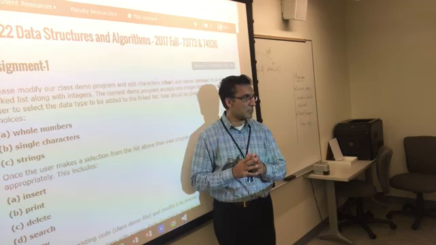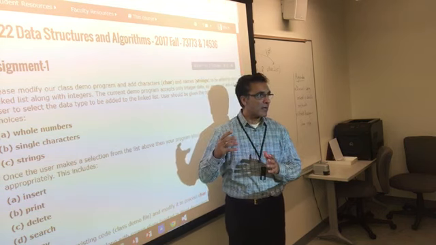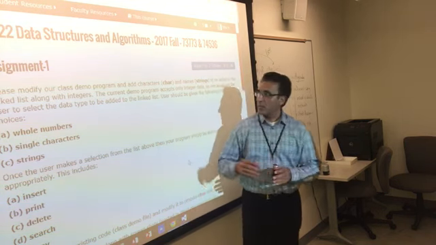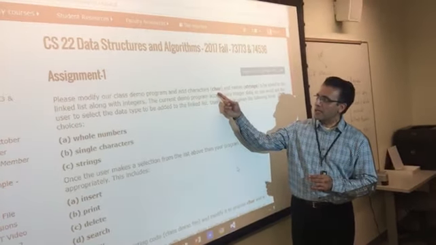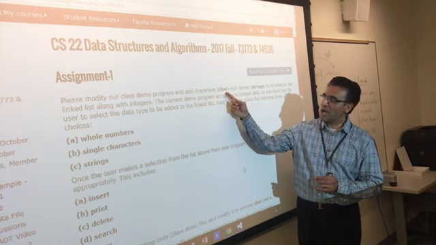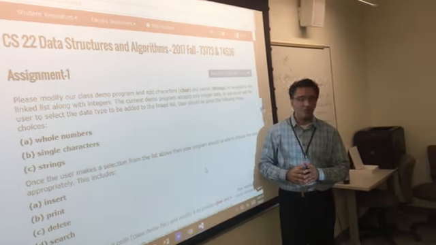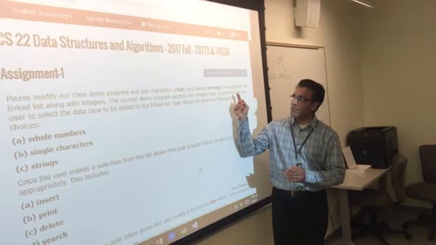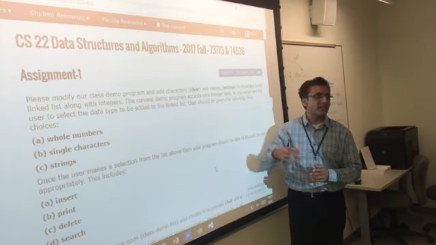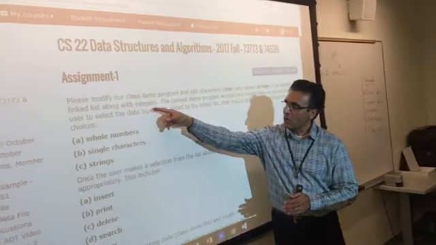Leave the class alone, but we'll be modifying our main function. Currently our program is designed to take integers, so we will try to add characters and strings and maybe doubles if you can, and see if we can add these additional types of data to our existing linked list.